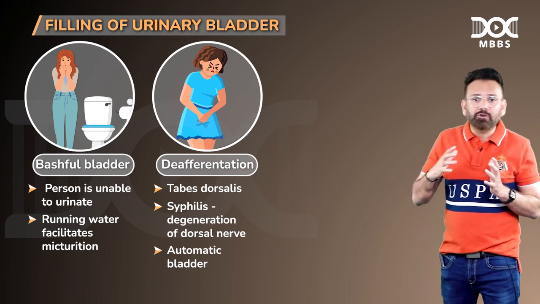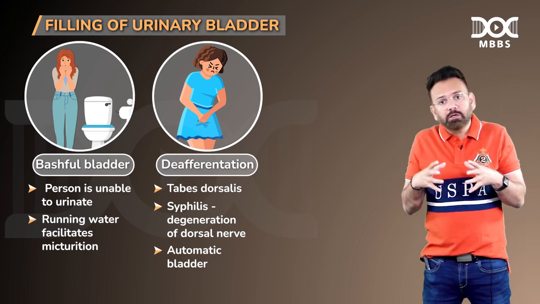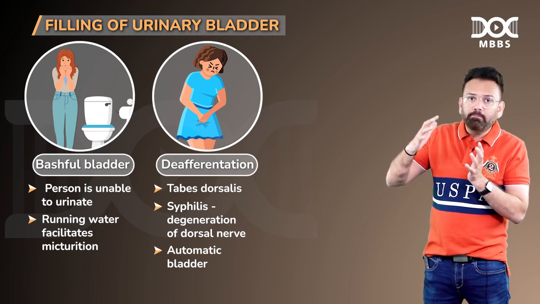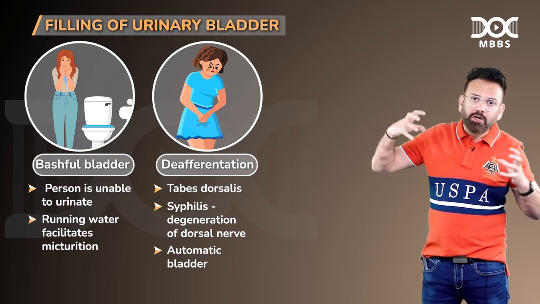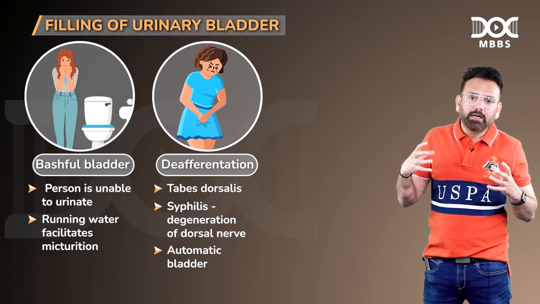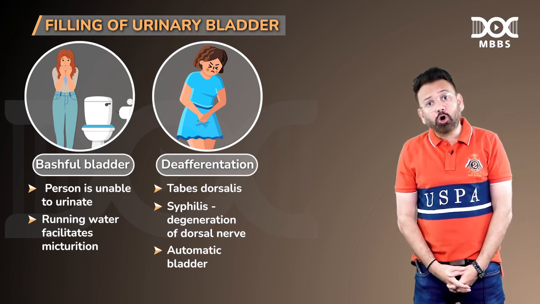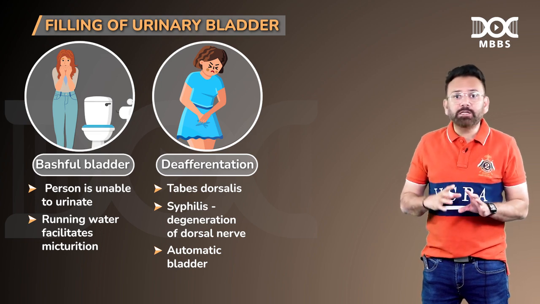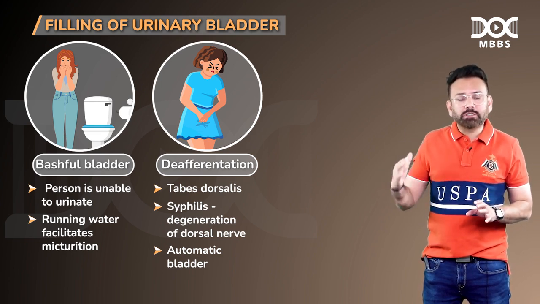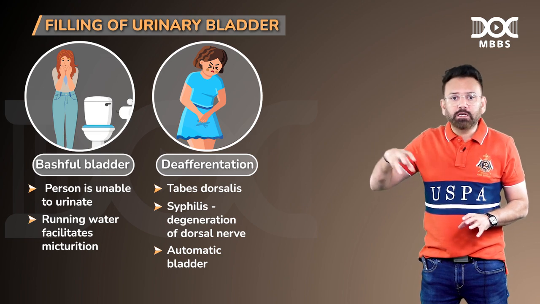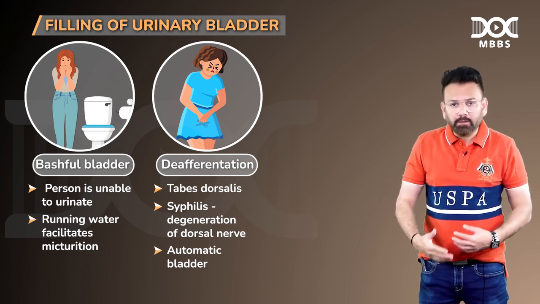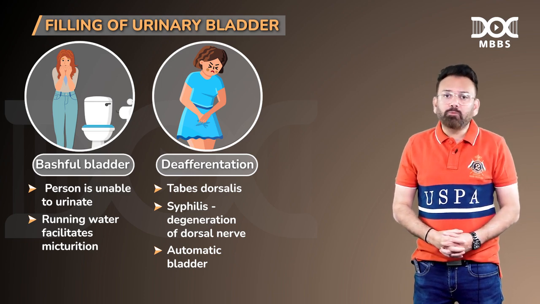So involuntary automatic evacuation occurs due to stretch contraction of the detrusor muscle. If it keeps on producing the stretch, suddenly there will be contraction of the detrusor muscle, and this type of bladder is called automatic bladder. So deafferentation, the example is tabes dorsalis, causing a lesion of the dorsal nerve, and the byproduct of this is called automatic bladder.